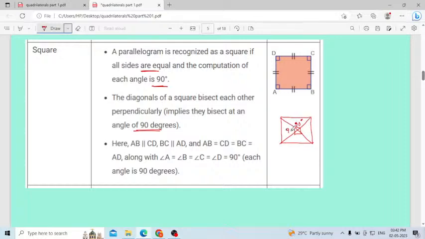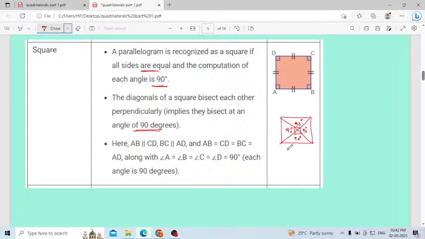Here also 90 degrees, here also 90 degrees, here also 90 degrees. We did not mention this angle in the rectangle or in the parallelogram. But in the case of a square, when both diagonals intersect each other, they intersect perpendicularly. Perpendicular means the angle between the two diagonals will be 90 degrees.